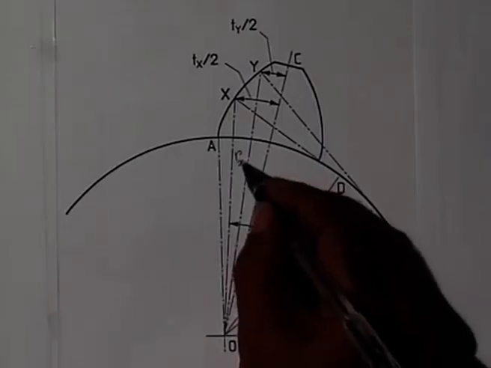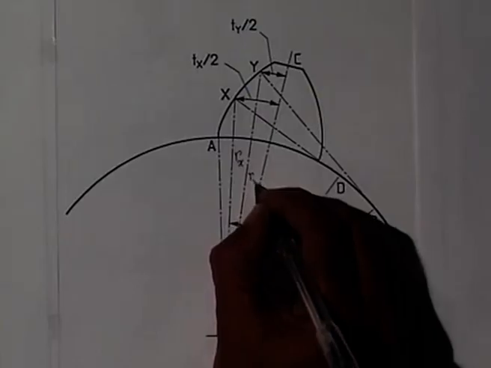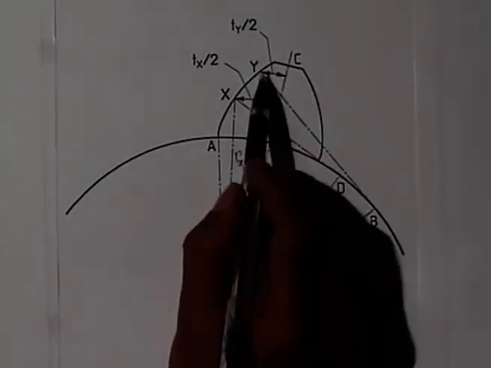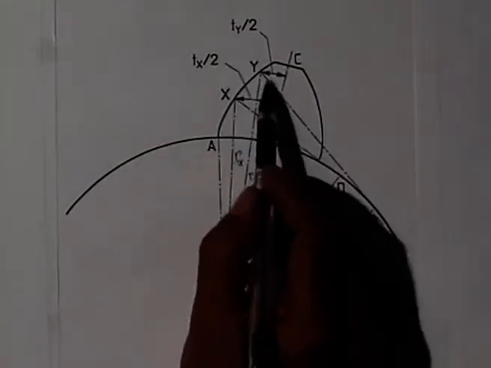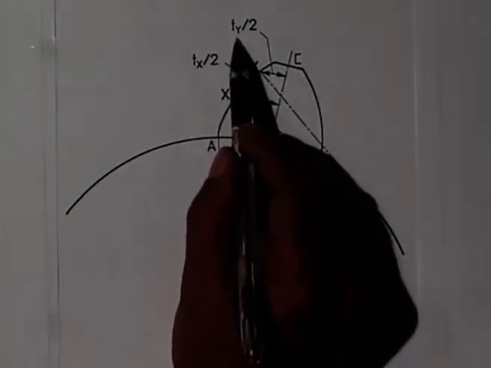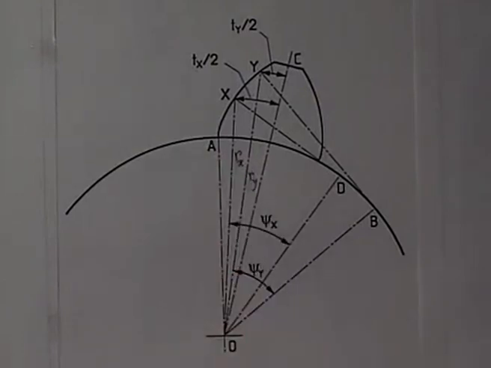Then when this polar distance changes from Rx to say Ry, I get to this point y, and I want to find what is the thickness of the tooth at this level, that is Ty. So, Tx is given, I would like to find Ty, and Rx and Ry are given.